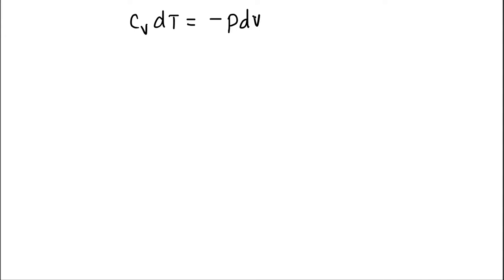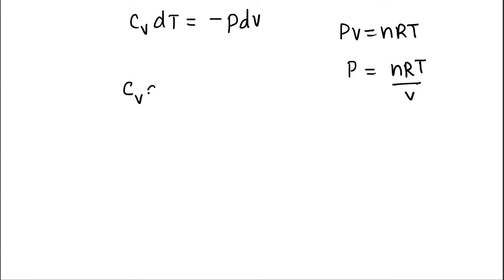Now let's take the ideal gas equation. PV equals nRT, then P equals nRT over V. Let's substitute here. CV dT is equal to negative nRT over V dV.